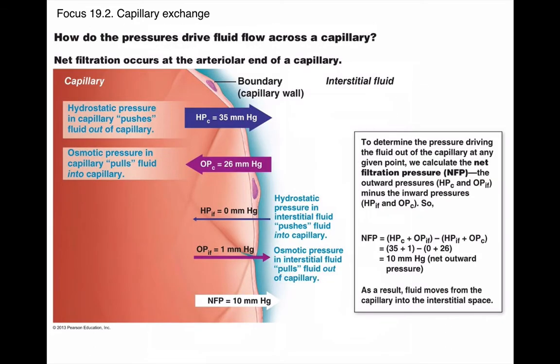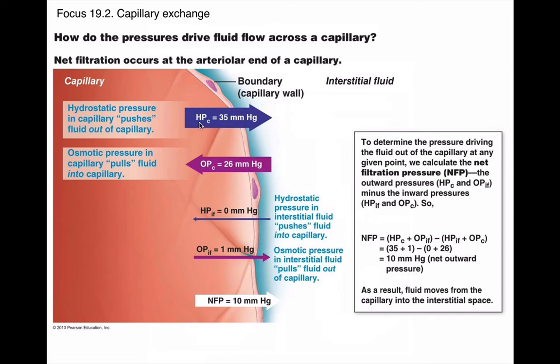So just to go on with this here, the width of these arrows you can consider to be scaled relative to one another. On the arteriolar side of a capillary, you see that there's a hydrostatic pressure of about 35 millimeters of mercury.